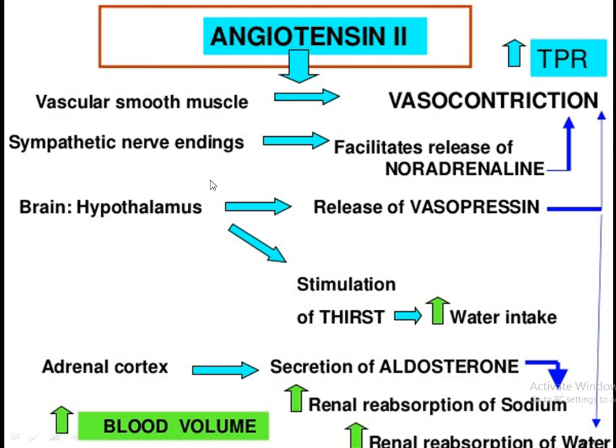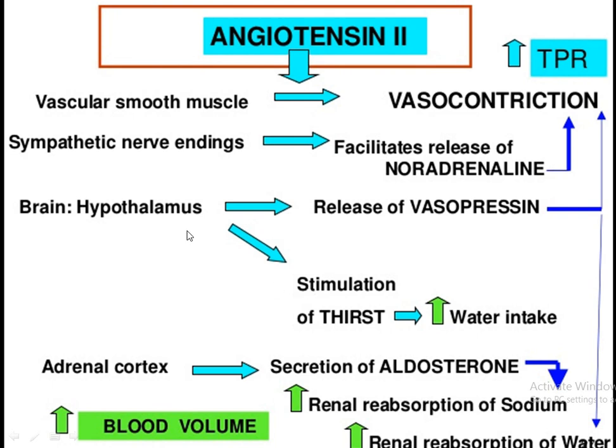Then the involvement of the brain and the hypothalamus, through which the hypothalamus is going to stimulate the posterior pituitary, which is going to release the ADH or the vasopressin or the antidiuretic hormone. All of them are going side by side. They are helpful to manage the blood pressure control.